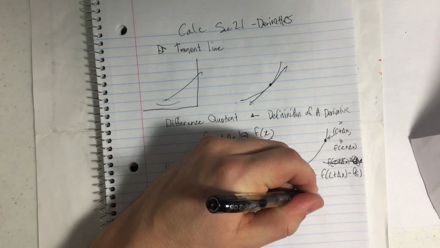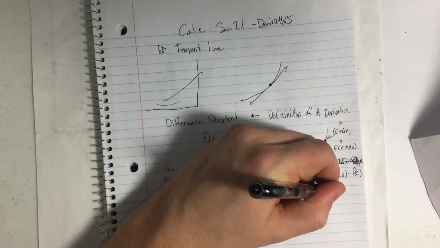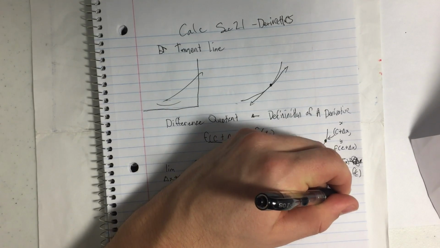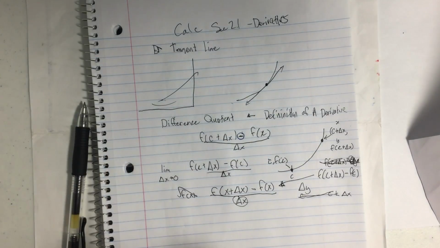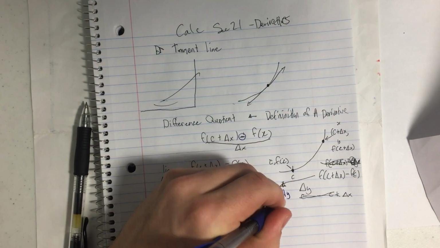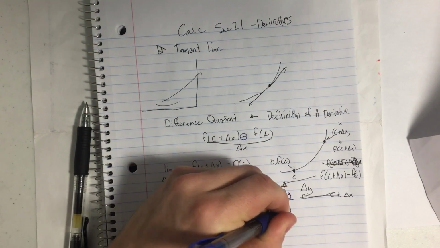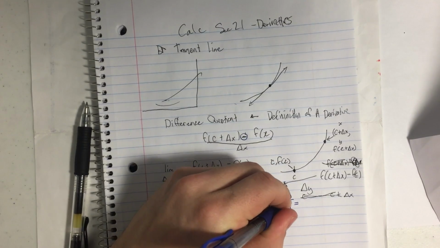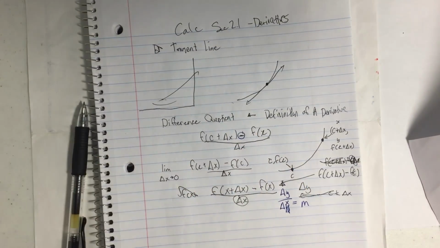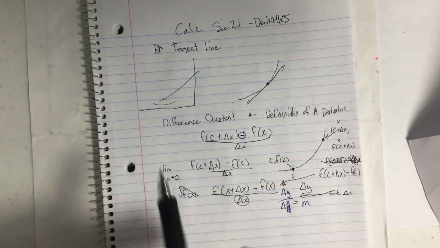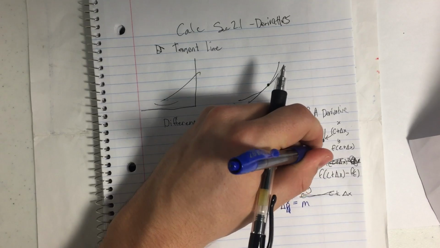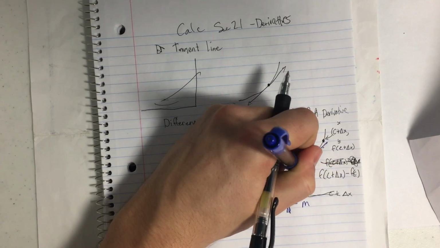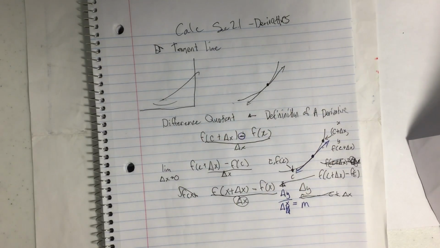So the c's cancel out in the denominator. It's really change in y over the change in x, which equals the slope. As delta x gets arbitrarily close to zero, we can get the slope at that one point.